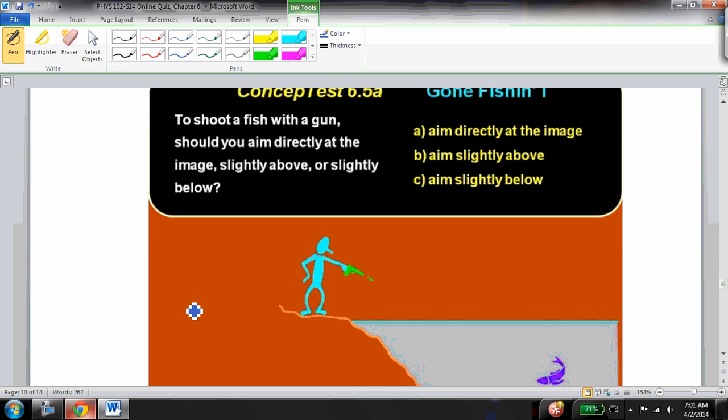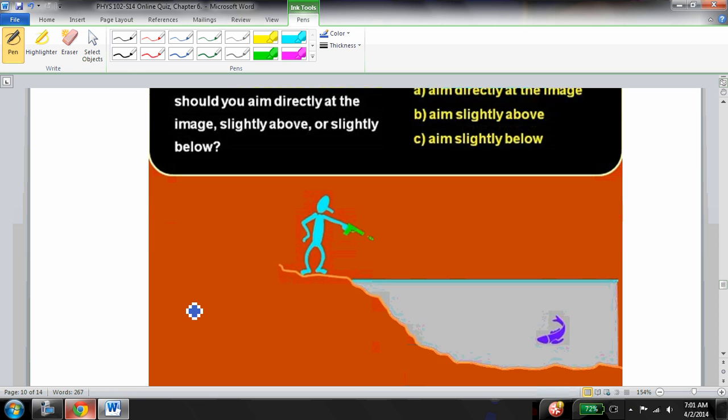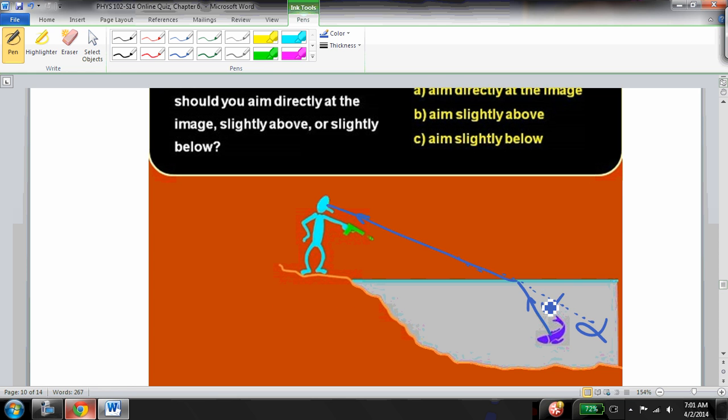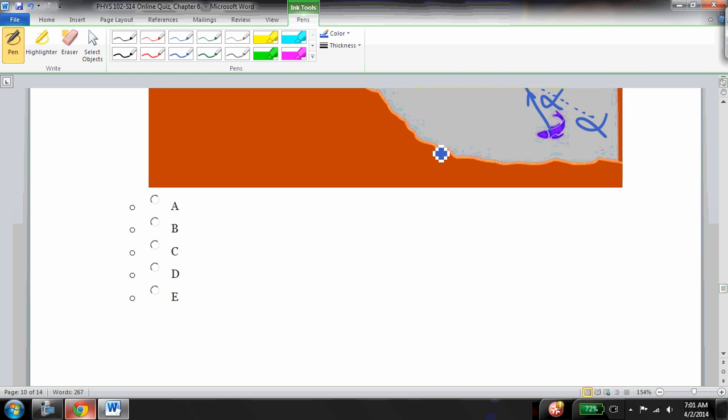To shoot a fish with a gun, should you aim directly at it, slightly above, or slightly below? Well, this is like the star problem that we had. Imagine that I have a light ray that comes out. It bends away from the normal like this and goes to the person's eye. And so the light ray will look like it's coming from a fish that is right there, which would mean you would have to aim slightly below where you see the fish to be, and then you would actually hit the fish.